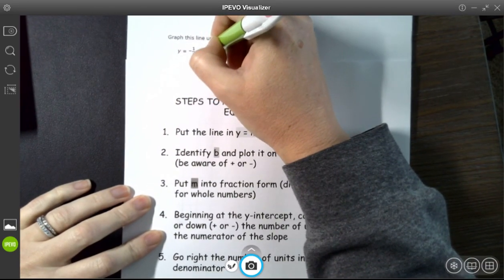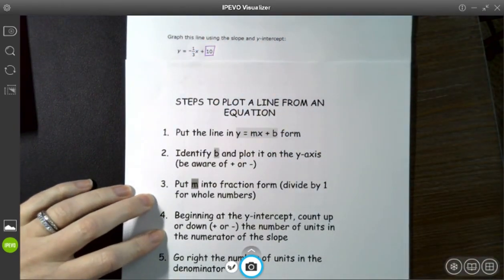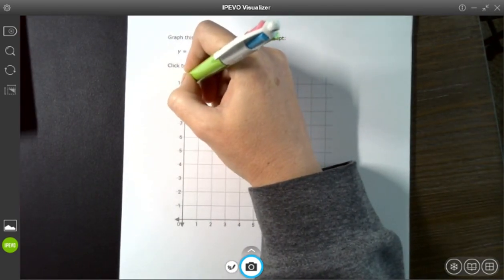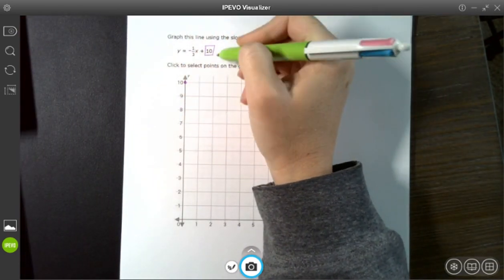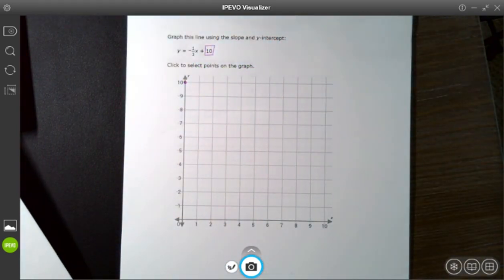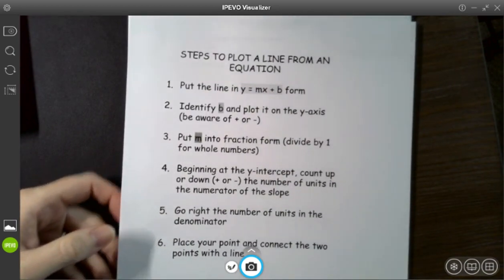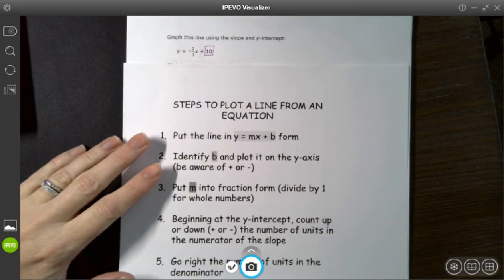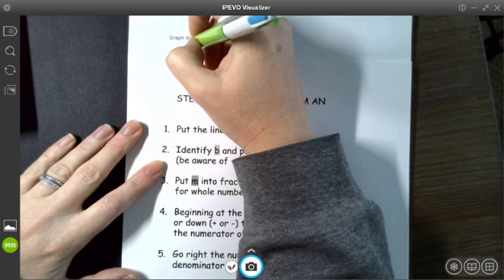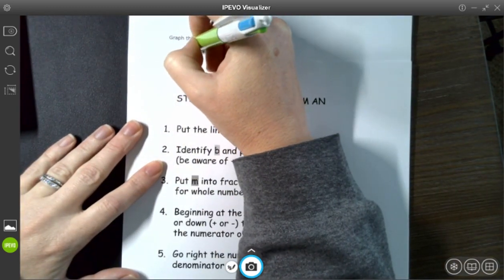Here is my b value, and I'm going to plot it on my y-axis right there. Step 3, put the m into fraction form. I am in fraction form here with -1/3.